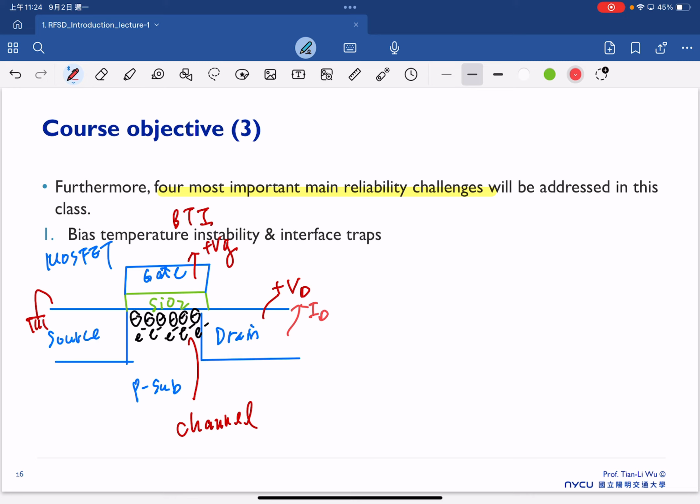Now, if you look at the ID-VG curve that we have already mentioned, we all understand it now.